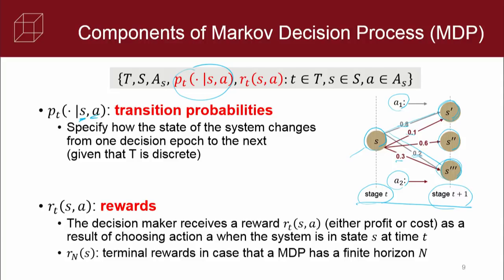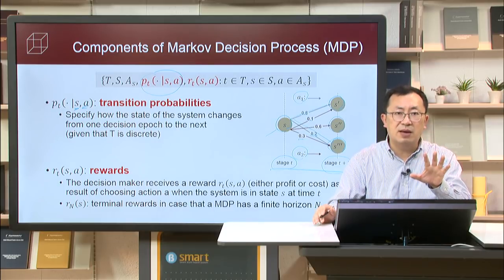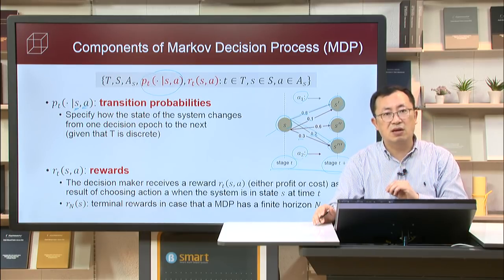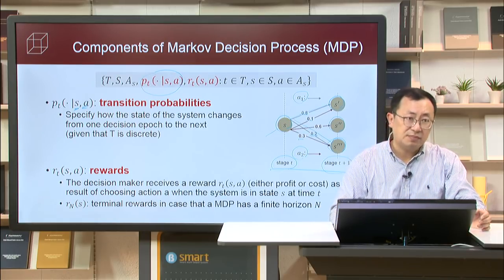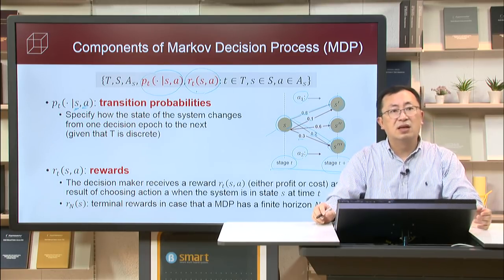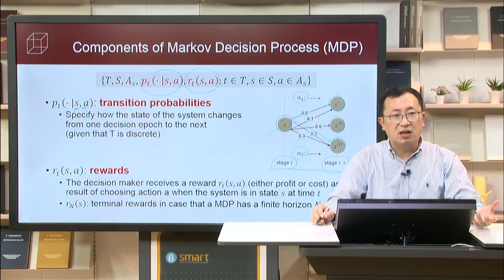So you should remember that this transition probability depends on not only the current state, but also the action the decision maker chooses. All right, the last component is the reward R_t.